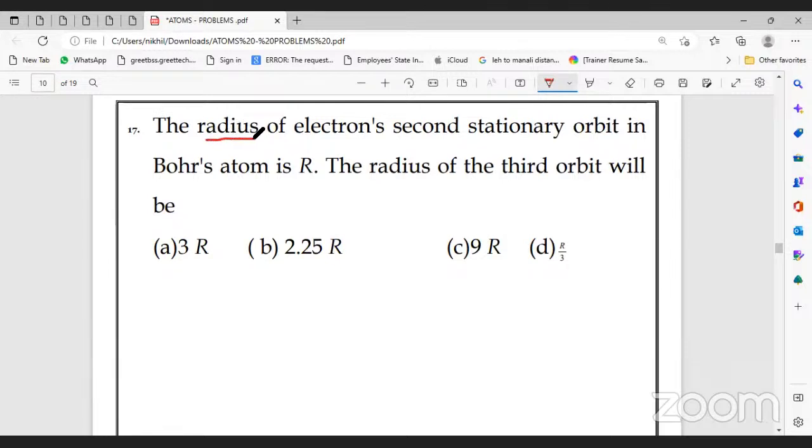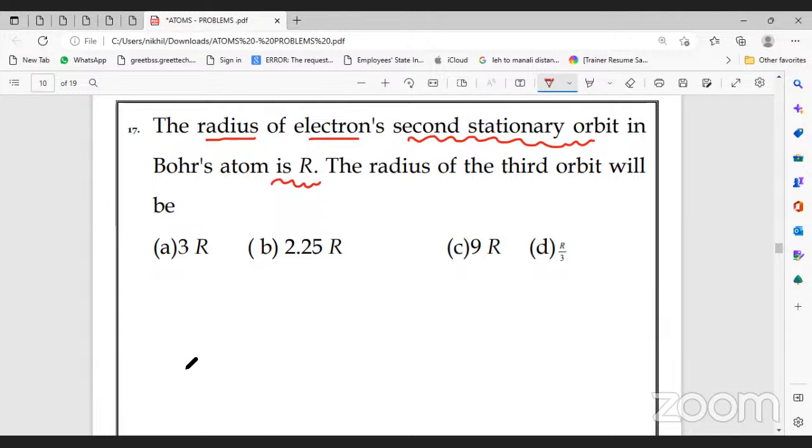The radius of electron in the second stationary orbit. They have not given the first orbit. Be careful. They have given the radius of the electron in the second stationary orbit is r.